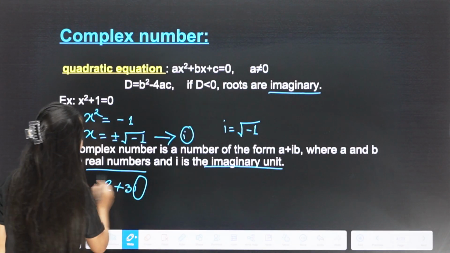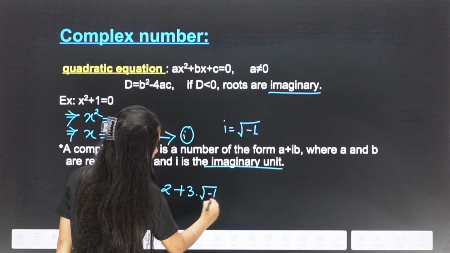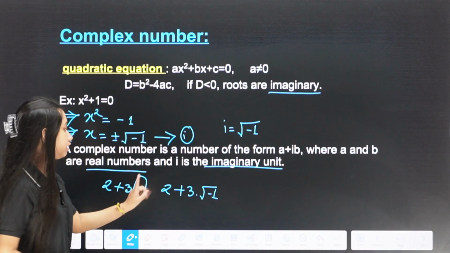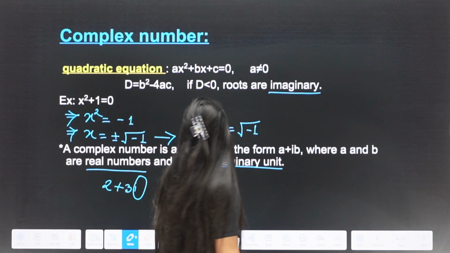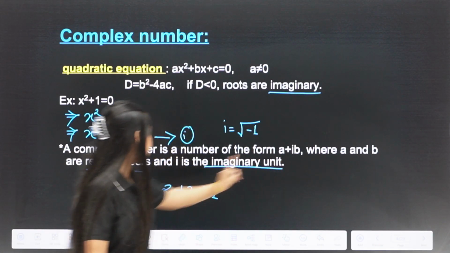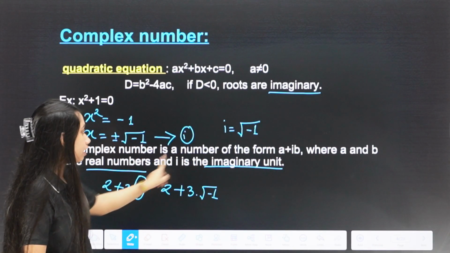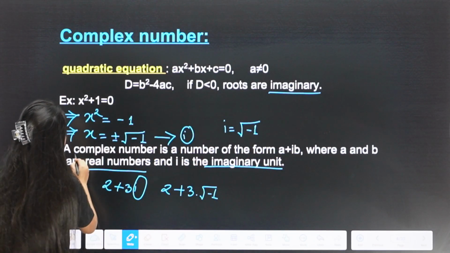And in place of i, we can just put root minus 1. So a number of the form a plus ib is called a complex number.